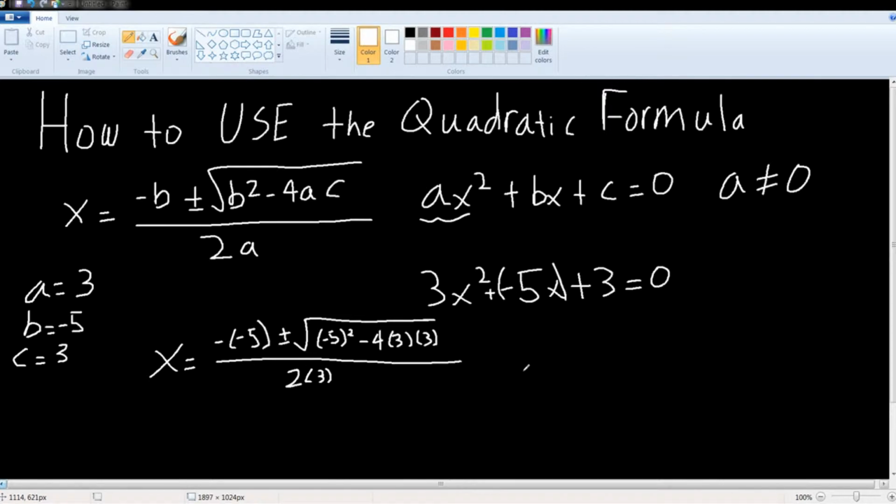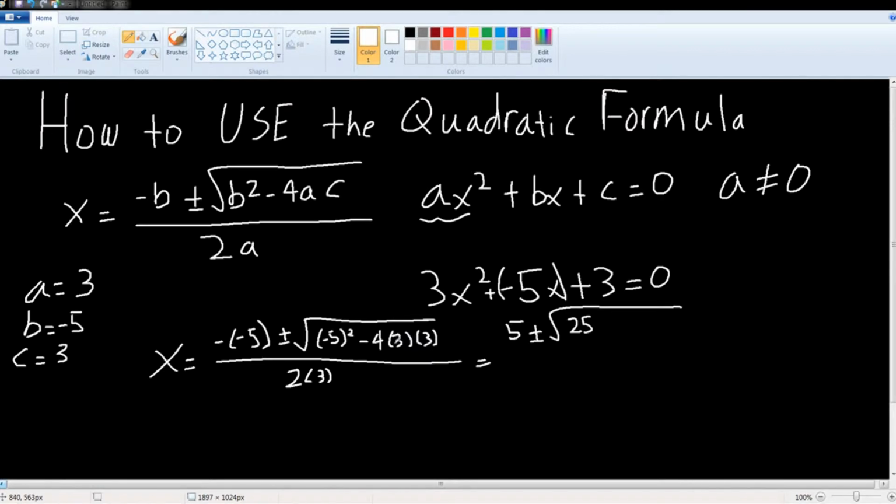So let's simplify this quadratic formula we've done here. So negative times negative 5 is just 5 plus or minus b squared, or negative 5 squared, which is 25. So negative 5 times negative 5 is 25, minus 4 times 3 times 3.